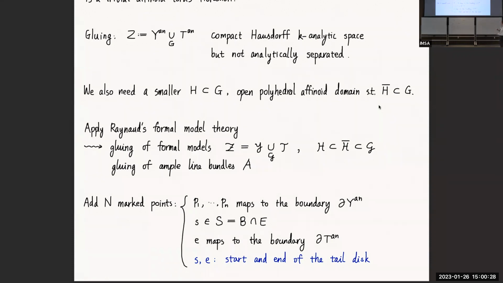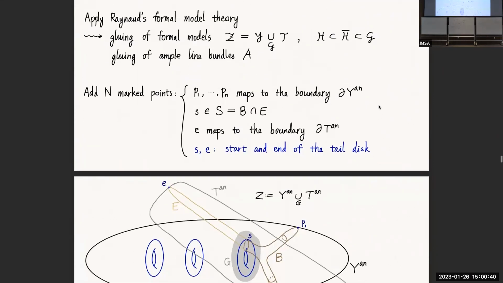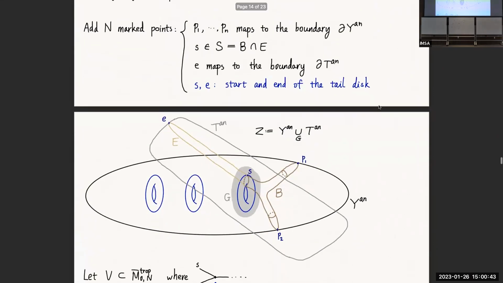And now I'm just getting slightly more and more precise. When we count curves, before it was just this kind of curve. Now we also need to add some marked points P1 to Pn. These are the points of the curve that touch the boundary of my log Calabi-Yau variety.